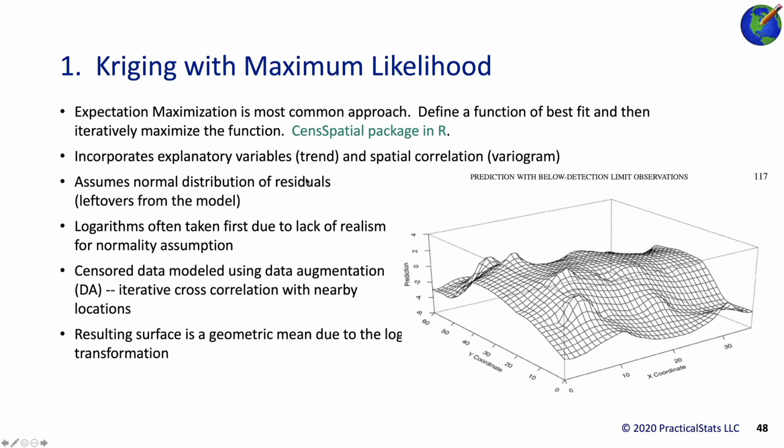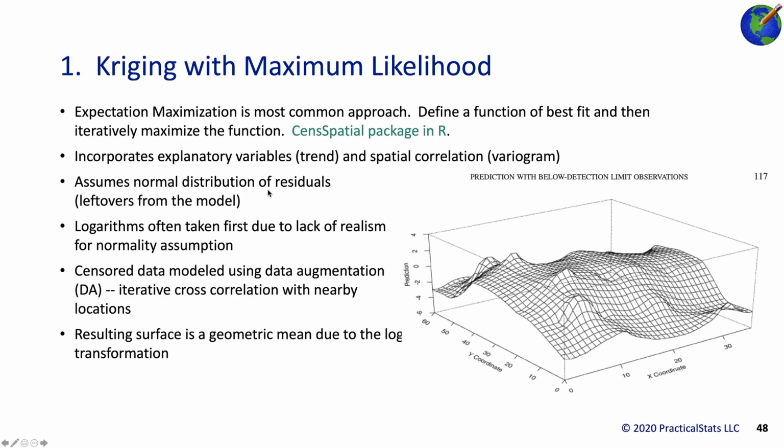You can, in this, put in other variables, think of them as X variables besides lat and long. So that's called a trend in kriging. You could take that trend out with those other variables, and then it's doing kriging on what's left over, much like we did earlier with the GAM.